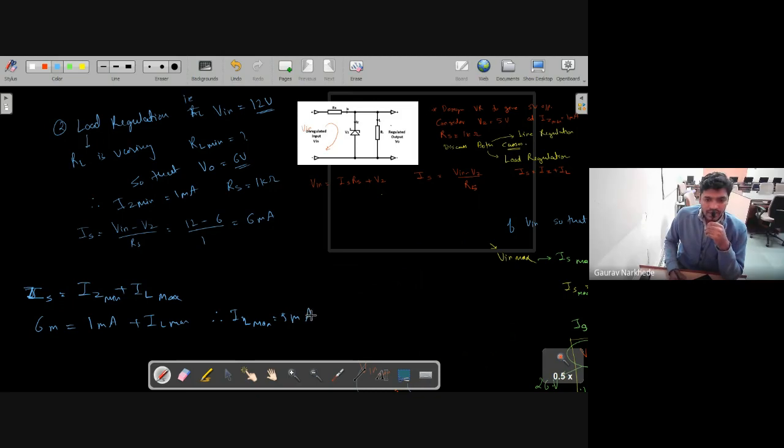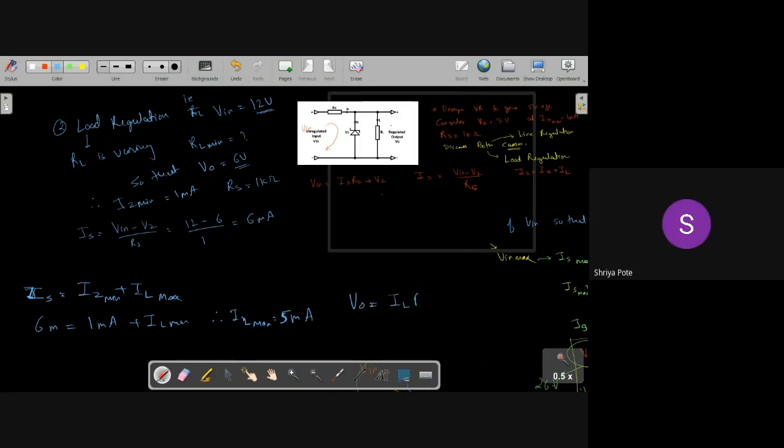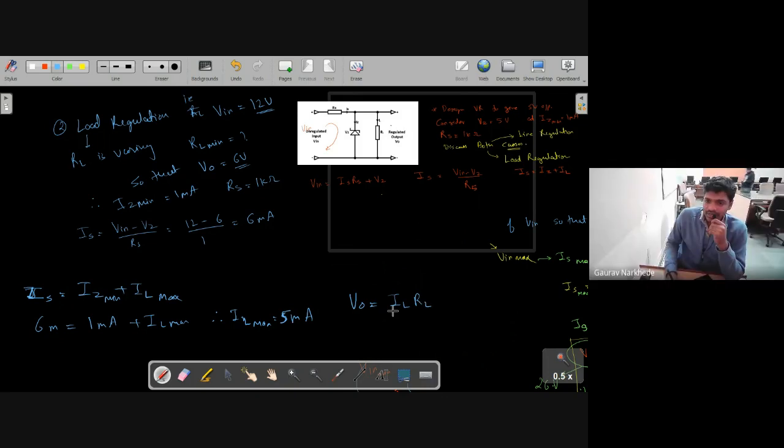So this is 5 milliampere. Now IL max is found. Now we know V naught is 6 volts, and RL into IL is equal to VL, and V naught is 6 volts.